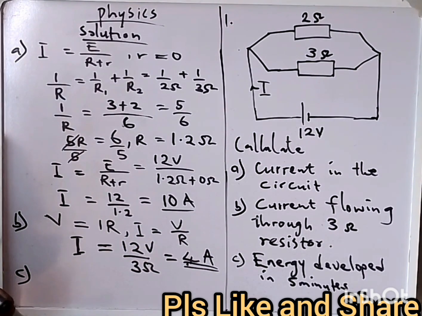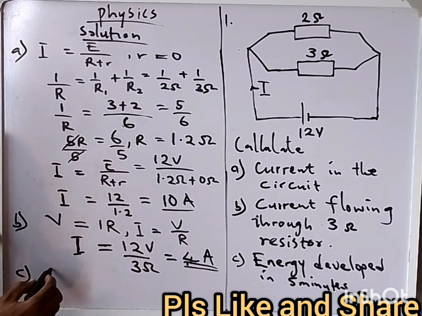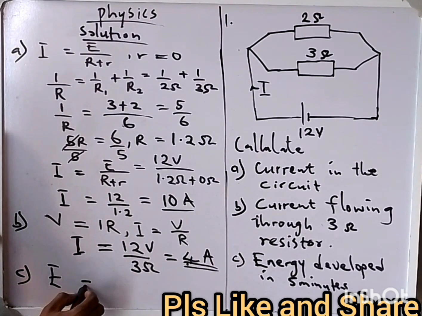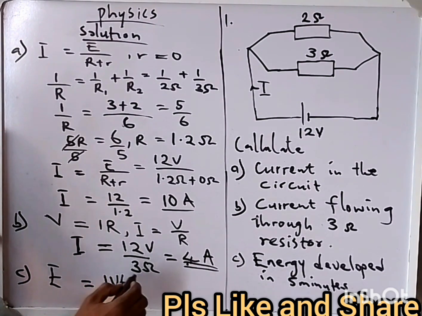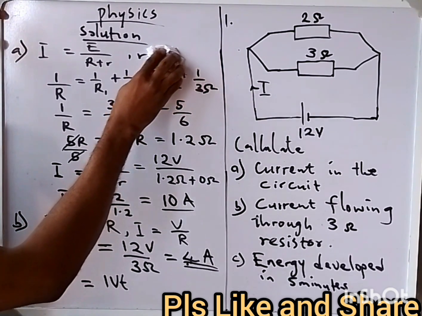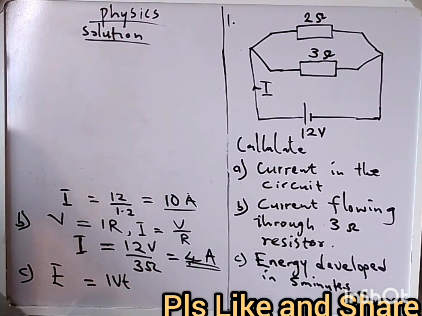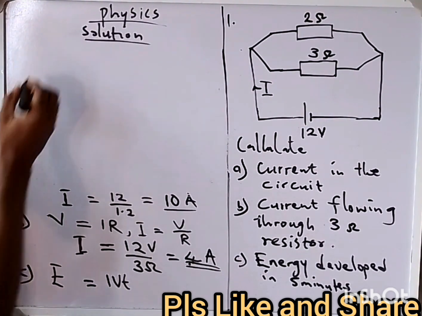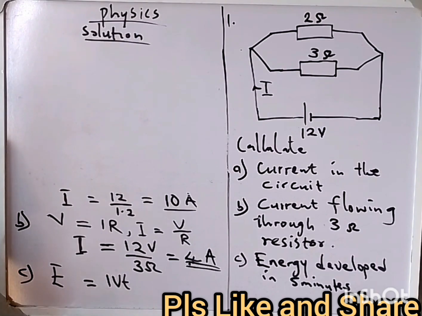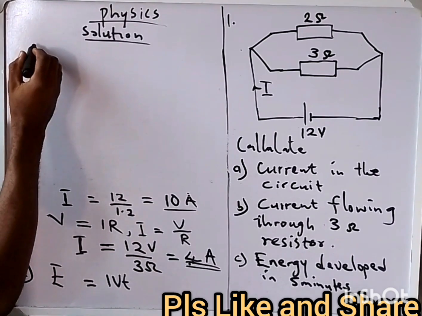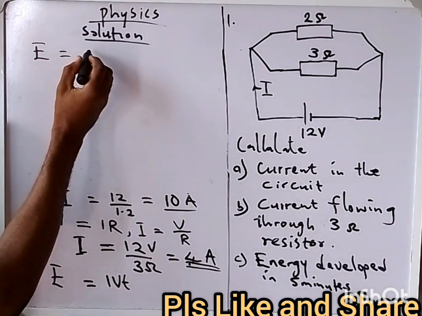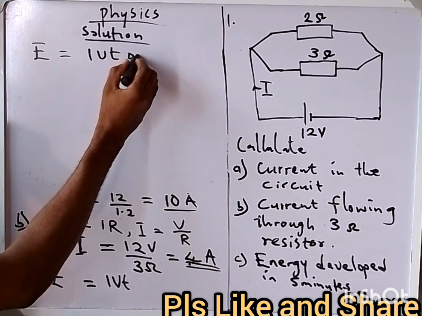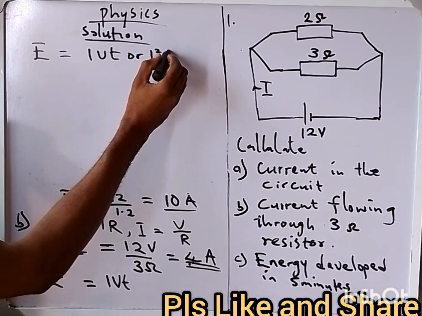For us to find energy developed in 5 minutes, we are going to look at electric energy. The electric energy formula is given by IVT, or I squared RT.